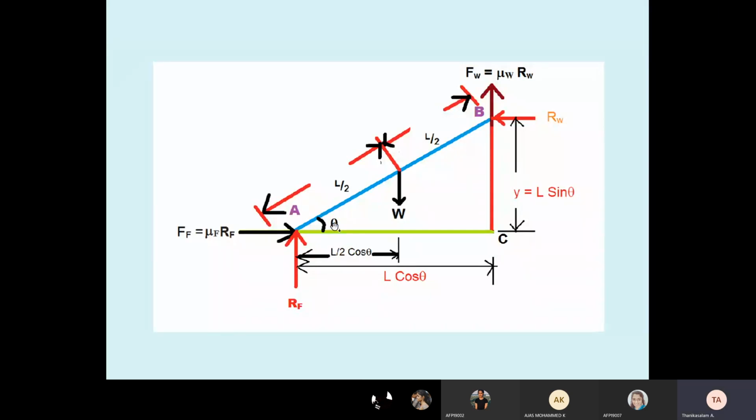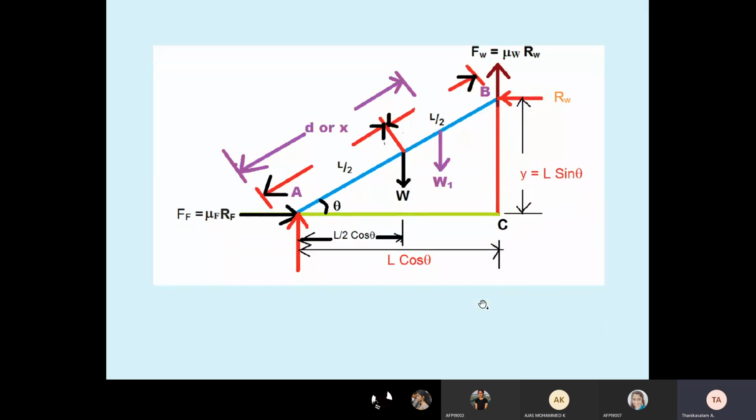As per Pythagoras theorem, the opposite side is L sin theta and the adjacent side is L cos theta. So you have to find L cos theta and L sin theta first, that is, the distances AB, AC, and CB. Then the weight is acting at a line of action with respect to A of L by 2 times cos theta.